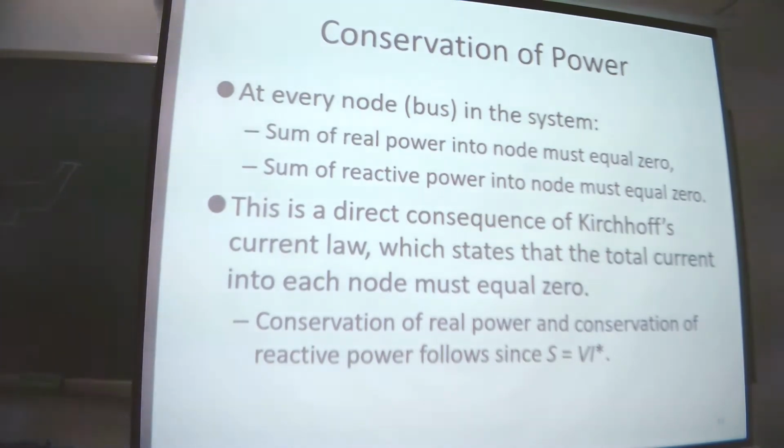And this is the connection line or transmission line. So this is the basic system. In every bus or node, A, B, C, the sum of the real power in the node must be equal to 0. So why?